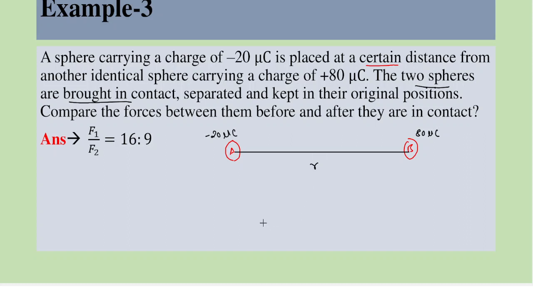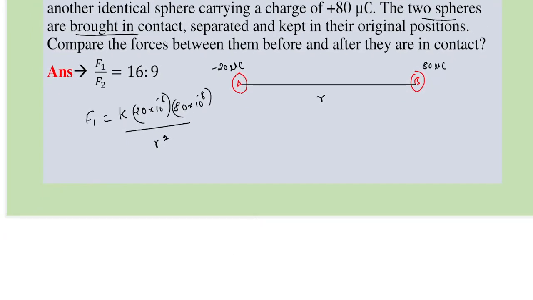Before that, we'll find what the force between them is now. We will call that force F1. This force F1 is given as K, and Q1 is 20 into 10 power minus 6, and Q2 is 80 into 10 power minus 6, by r square. That's the force F1. Now the spheres are brought in contact.